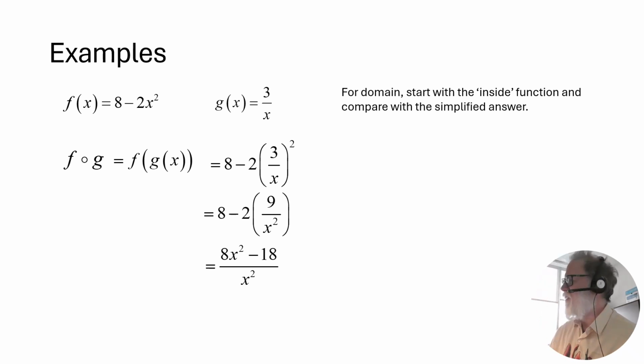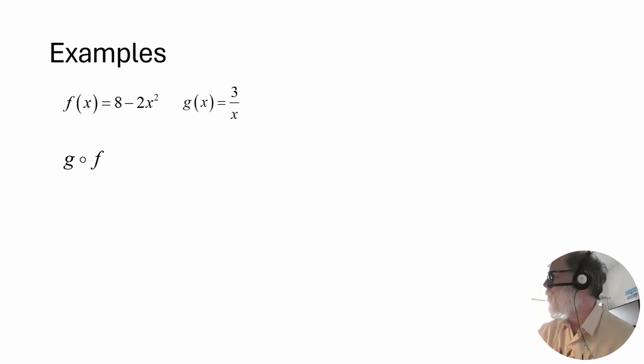So the g was inside and it said you can't use 0. And then everything down to the bottom says you can't use 0. So we can't use 0. 0 causes us to divide by 0, so it is out.